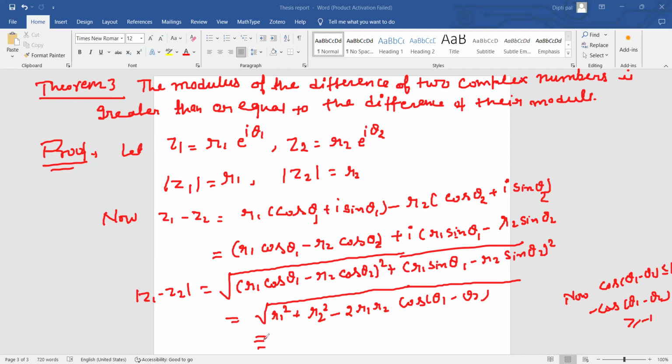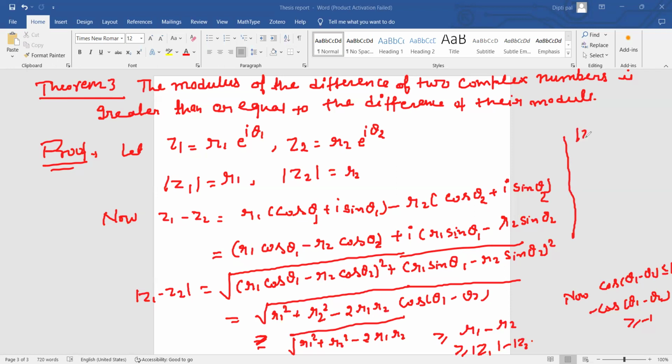So it will be greater than or equal to R1 square plus R2 square minus 2 R1 R2, that is, R1 minus R2 whole square, that is modulus of Z1 minus modulus of Z2. So thus we prove that modulus of Z1 minus Z2 is greater than or equal to modulus of Z1 minus modulus of Z2. Hence proved.